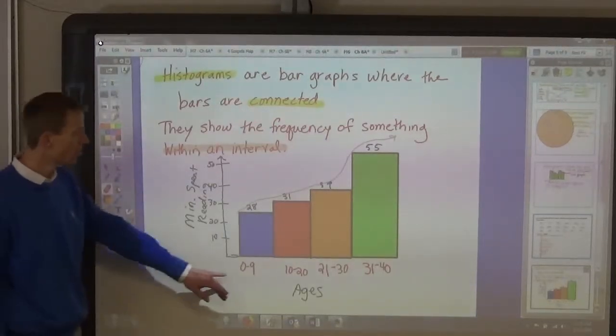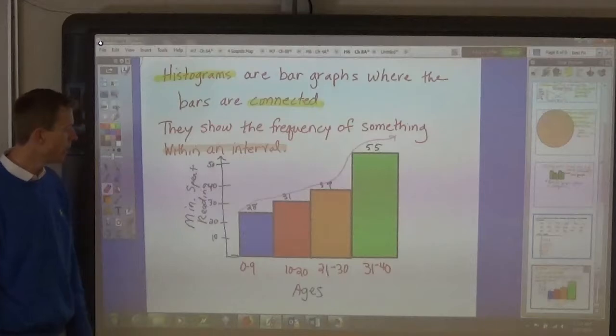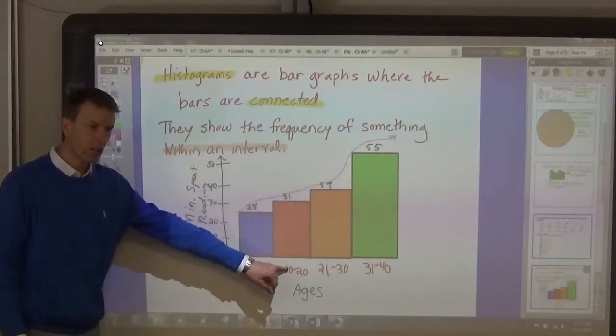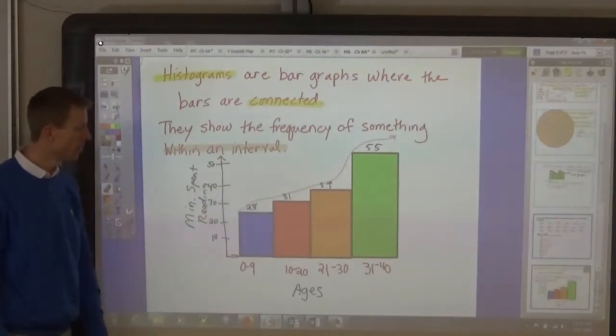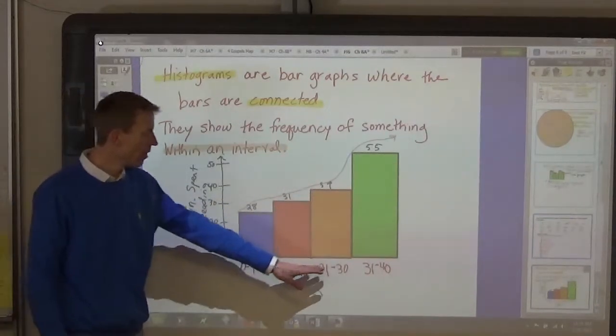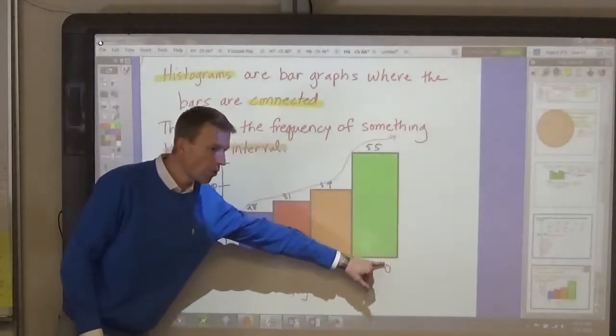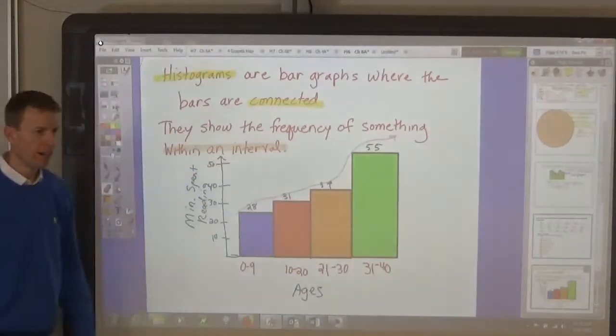So 0 to 9-year-olds, 28 minutes a day. 10 to 20-year-olds, 31 minutes a day. 21 to 30-year-olds, 39 minutes a day. 31 to 40-year-olds, 55 minutes a day.